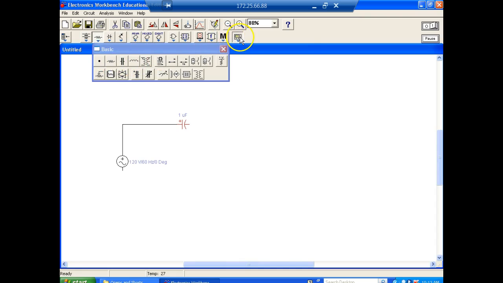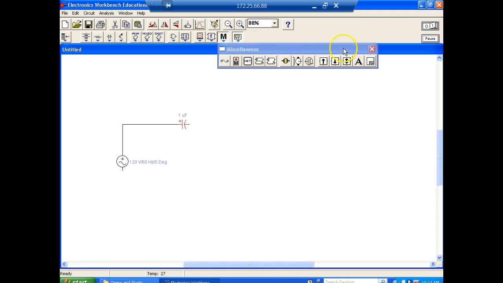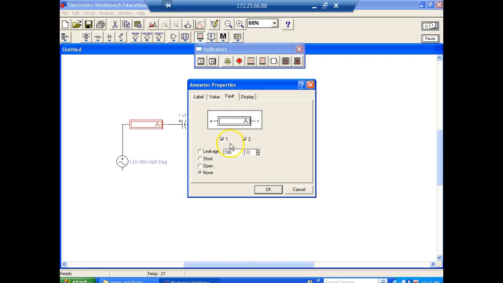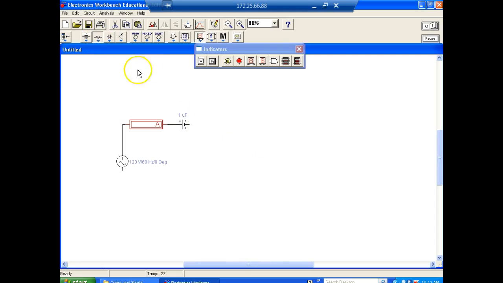So let me find the ammeter. It's right here. Now we have to set this up to measure AC. And then we'll come up here and put a resistor in here.